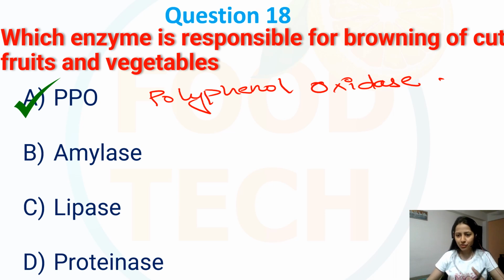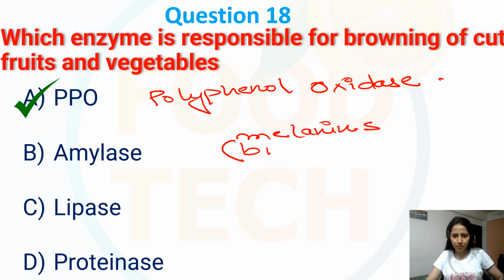When a fruit or vegetable is cut or damaged, the enzyme PPO reacts with the phenolic compounds present in the plant tissue, which leads to the formation of a brown pigment known as melanin.